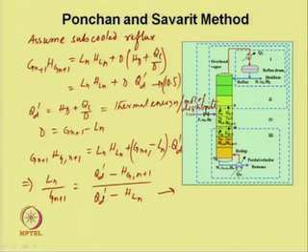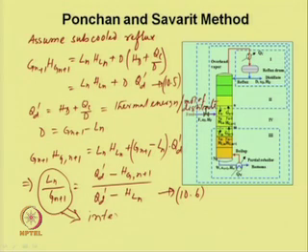So, this is equation number 10.6. This quantity on the left hand side, Ln by Gn plus 1, represents the internal reflux ratio.